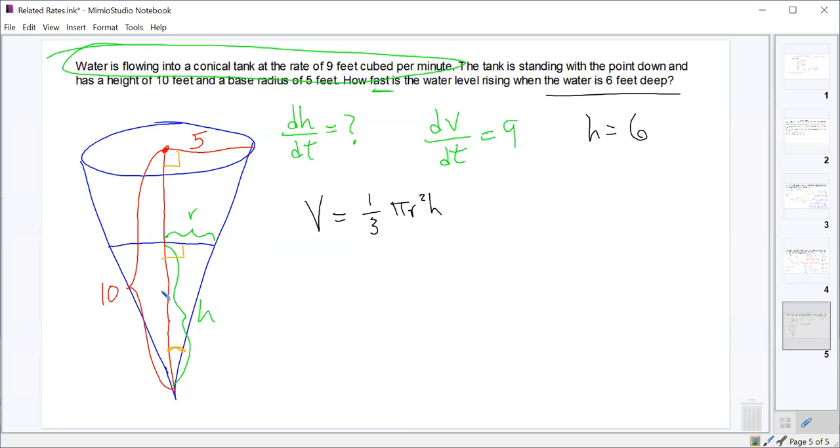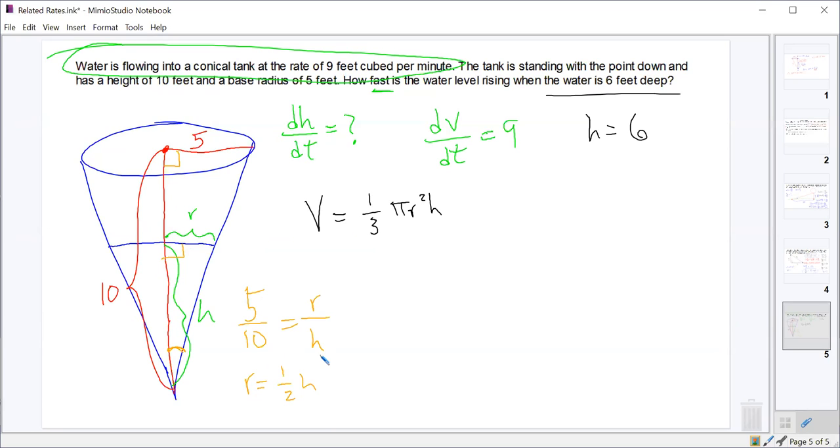Angle-angle proves triangle similarity, which tells you that the ratio between the radius and the height of the big cone should equal the ratio of the radius to the height of the smaller cone of water as it fills up. So 5 to 10 is equal to r to h in our cone, or r is equal to 1/2 h, right?